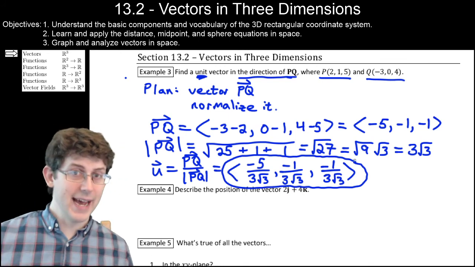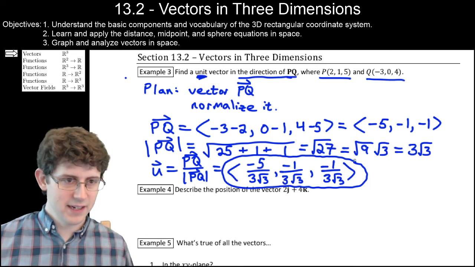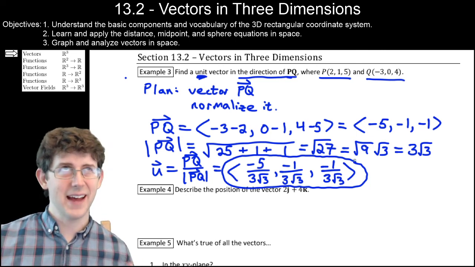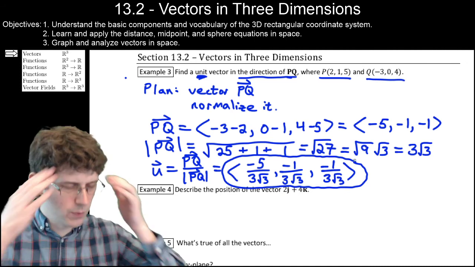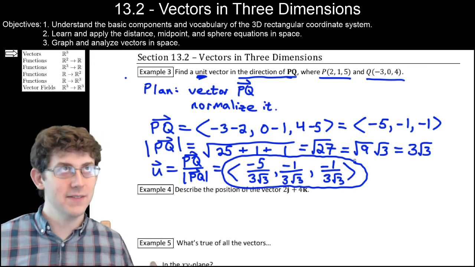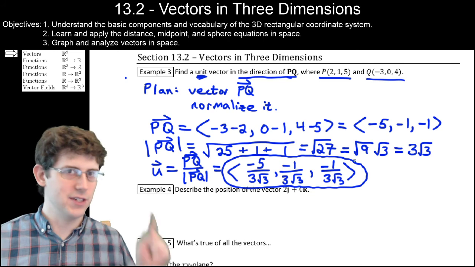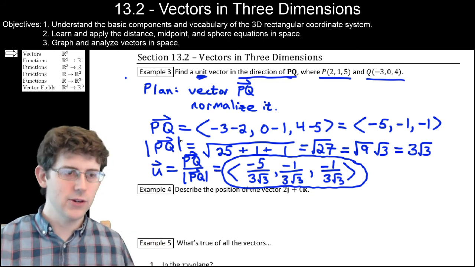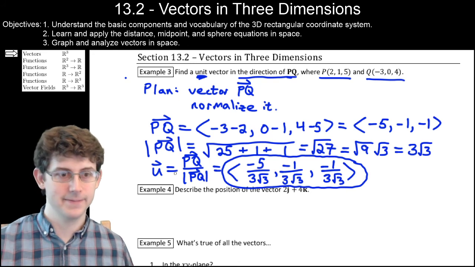All vectors have a magnitude and a direction. We think of a unit vector as kind of having no magnitude information, which is weird because its magnitude is 1. Like, it has a magnitude. But we think of it as we've removed the magnitude from the vector, and now it's just pointing in a direction. So a unit vector is supposed to represent mostly just the direction it's pointing.